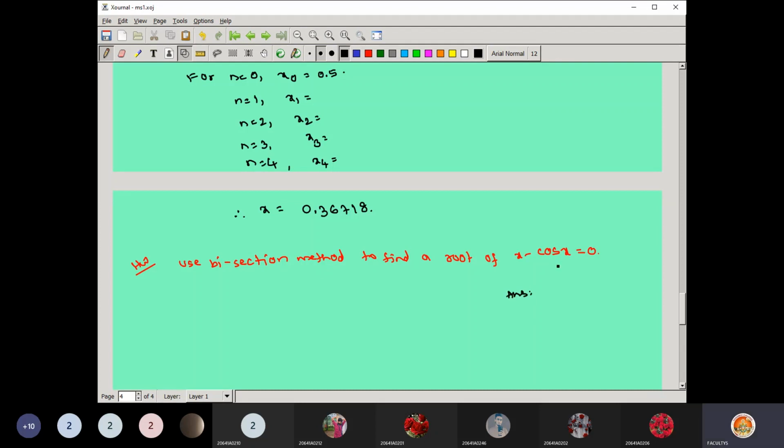Very easy. 0.7388. It also involves a trigonometric function, and it is a transcendental equation, so the calculator should be in radians. Remember that and start. Fix it once, and you will not be tense even in the examination.